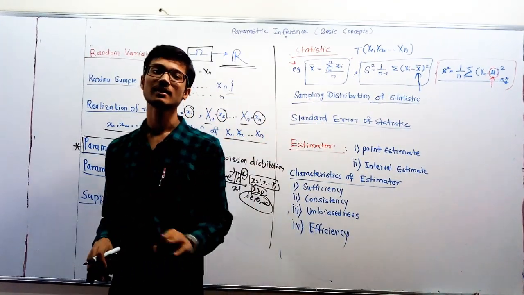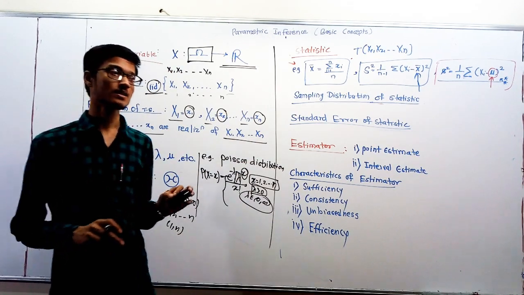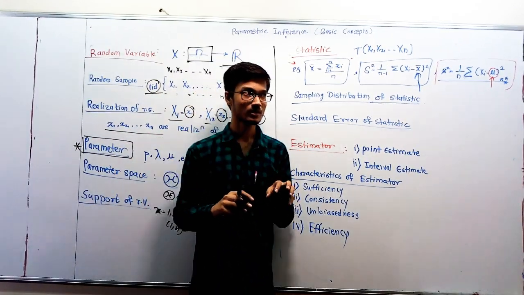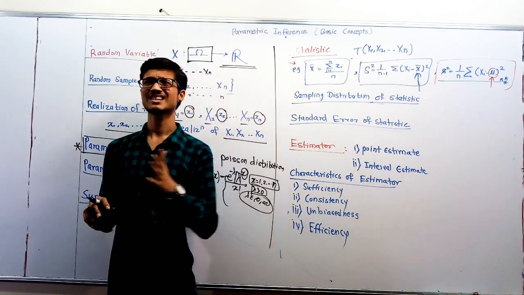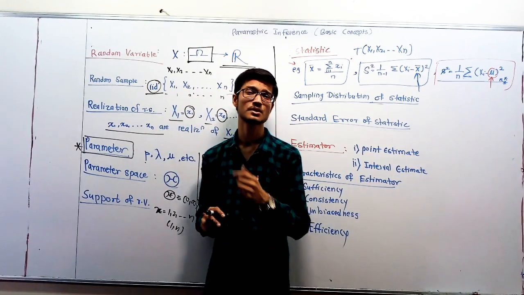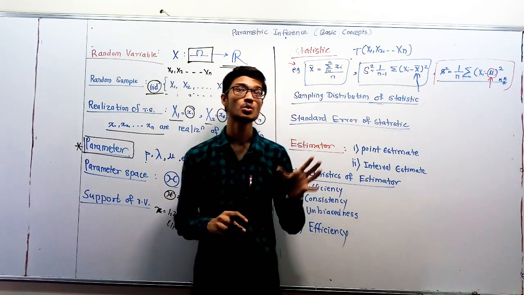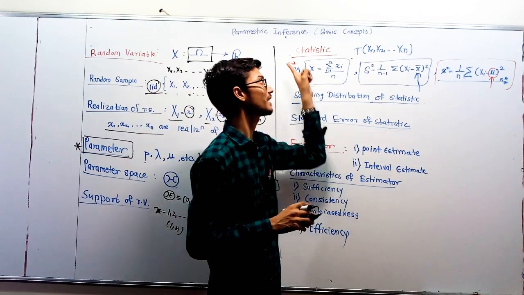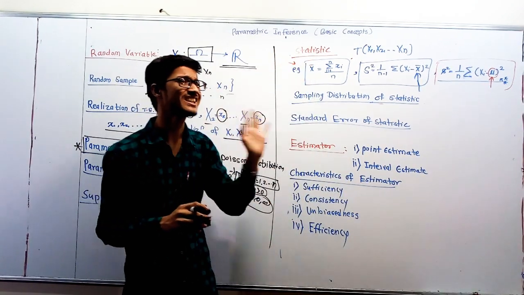See, now another concept is statistic and statistics. These are really two different things. Okay. Statistics, what is statistics? It is the collection, presentation, analysis and interpretation of data, and within that statistics comes parametric inference. Statistic, what is statistic?